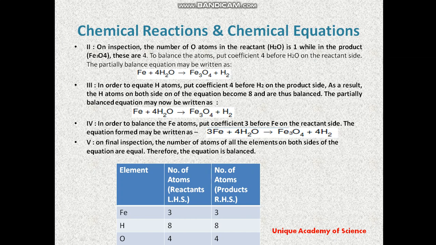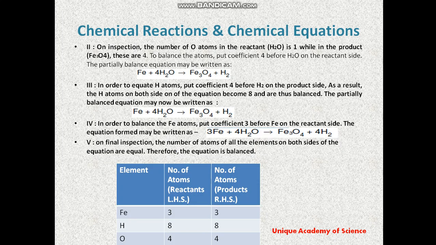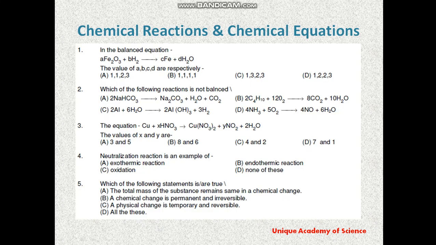Elements, number of atoms in reactants on the left hand side, number of atoms in products on the right hand side. Now Fe is 3, H is also 8, O is 4, O 4, H 8, Fe 3. You can see that in this equation. Okay, so this is the balanced chemical equation.